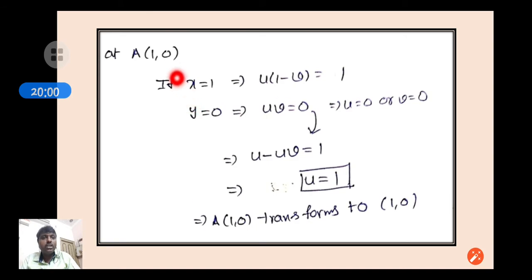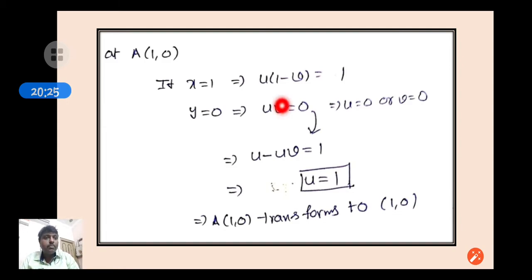So now go through the another possibility, y is equal to 0. y equal to 0 implies uv is equal to 0, that means u is equal to 0 or v is equal to 0. Okay, so from the second result you are getting u is equal to 0 or v is equal to 0. Okay, so you replace these values in the first equation, it may solve, we can check it.